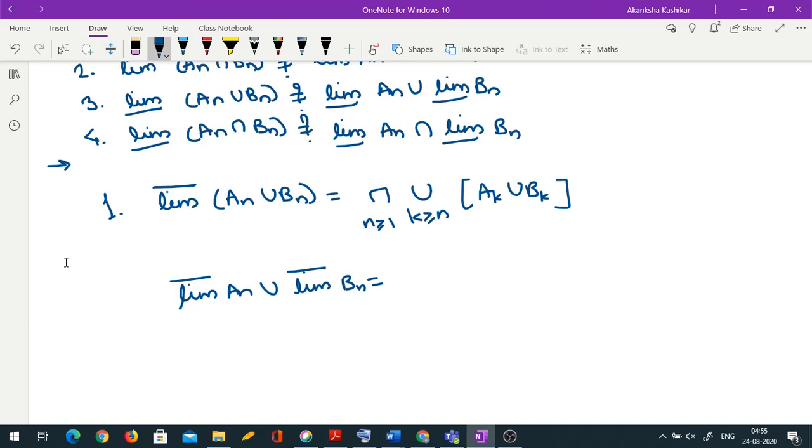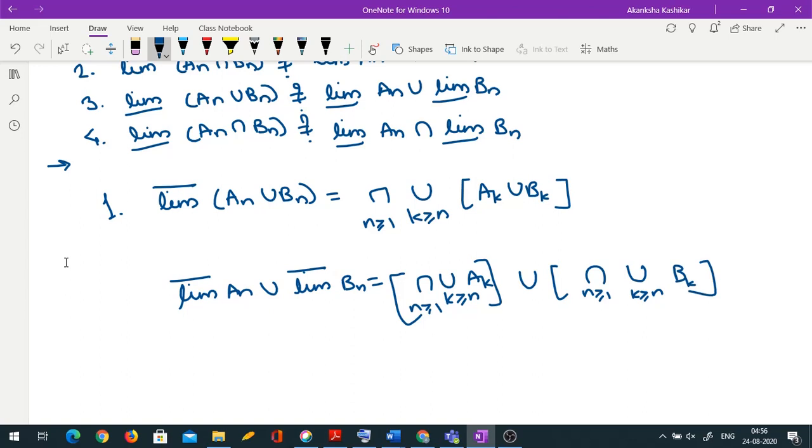So what is lim sup of An? It is intersection union Ak, k greater than or equal to n, n greater than or equal to 1, union intersection union Bk. So we want to check whether these two things are equal or not.